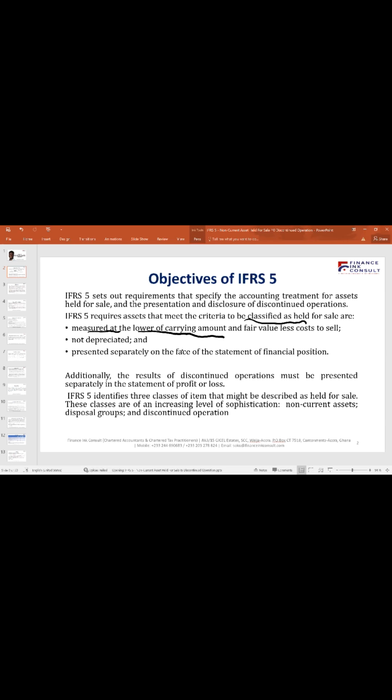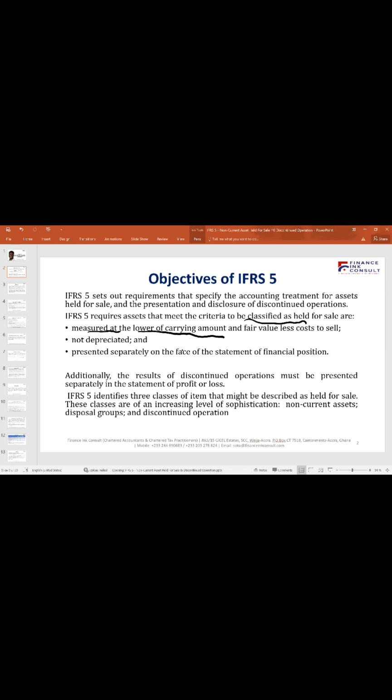Even though we also sell inventory under IAS 2, we don't want to add it to it. So we have a separate standard for it, and that is called what? The IFRS 5.